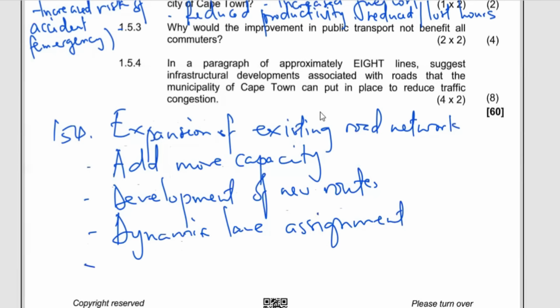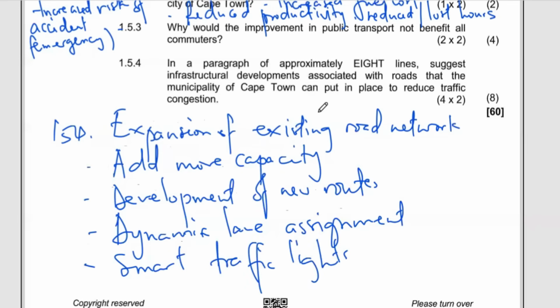Then what can also be done? We can also talk of other developments like introducing smart traffic lights. For a reason or the other, sometimes the traffic congestion is caused by non-functional traffic lights at some point in time.